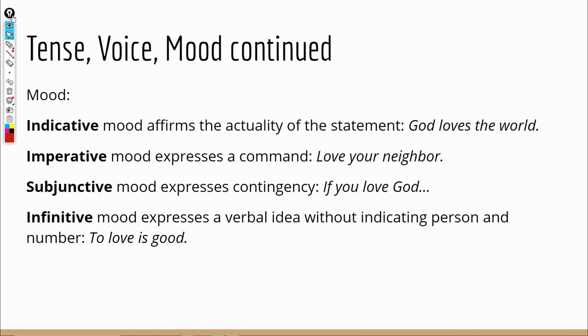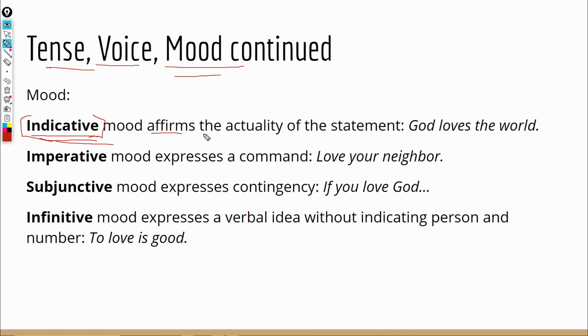Okay, finally, we've talked about tense and voice. We're going to talk about mood here. Mood, you don't need to worry about too much, but just know that what we'll be talking about today is the indicative, by the way. If you're familiar with this word, indicative often means this is what reality is, or it affirms reality.